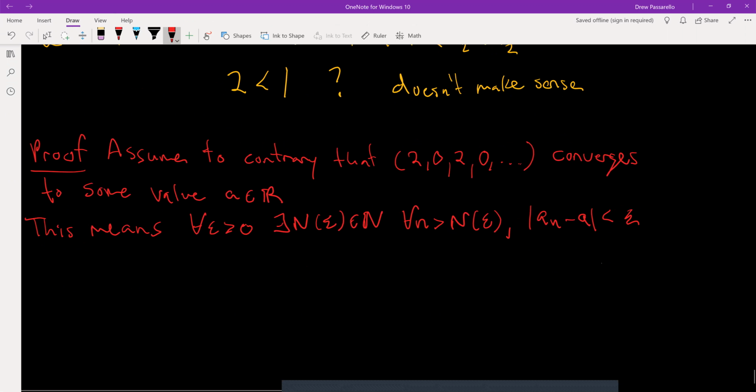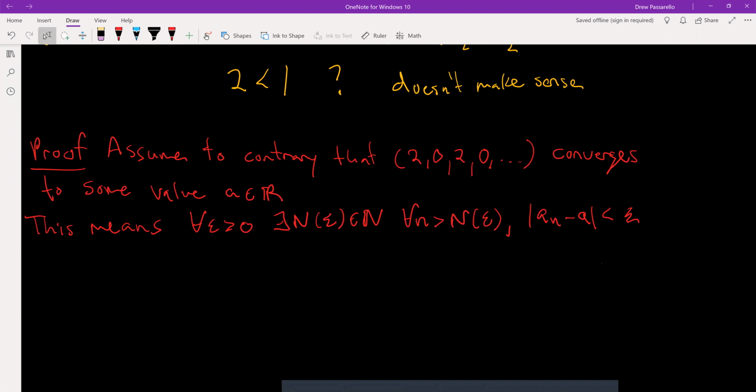Since it's got to work for every epsilon, let's pick epsilon equal to a half.